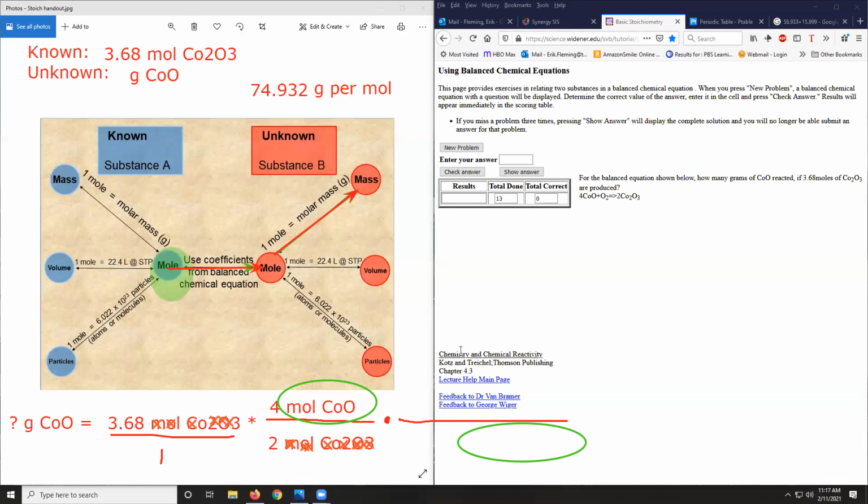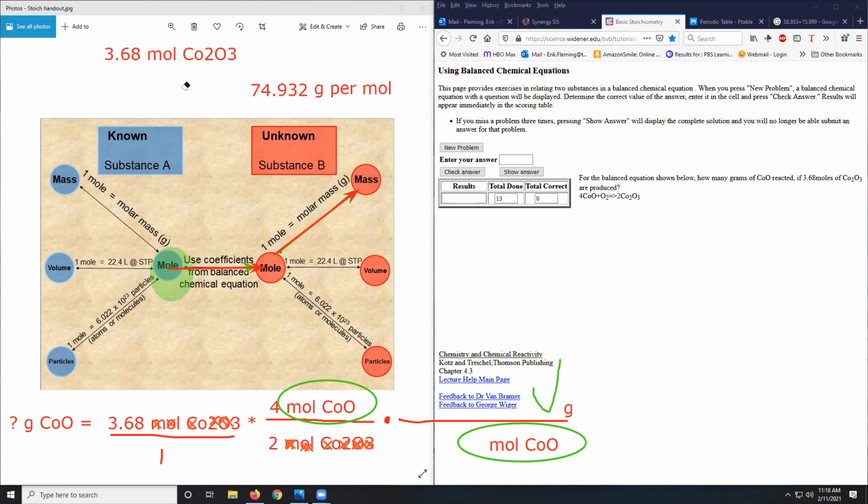So I need to put mole of CoO on bottom, and the grams have to go on top. You remember what the known and unknown were. This should give me the unknown. That's grams of CoO. That needs to be on the top when the problem is done.